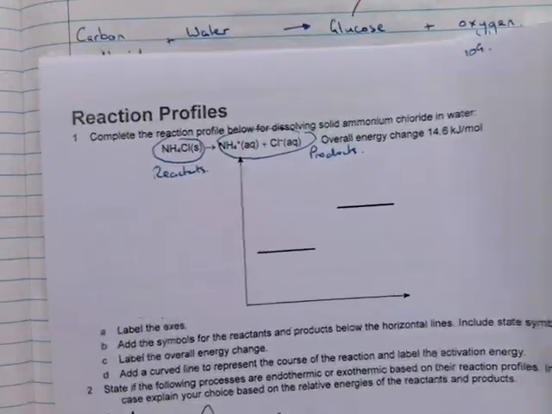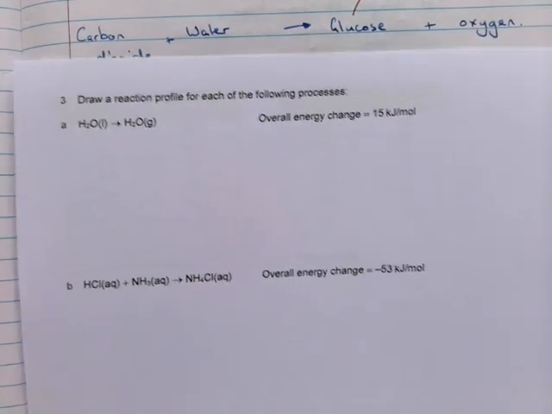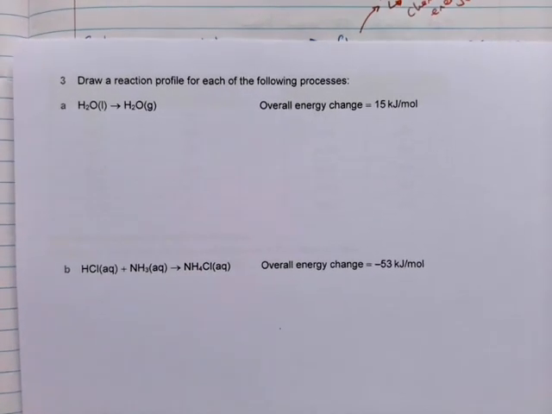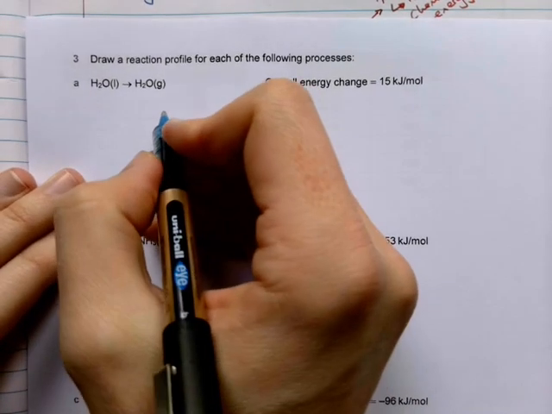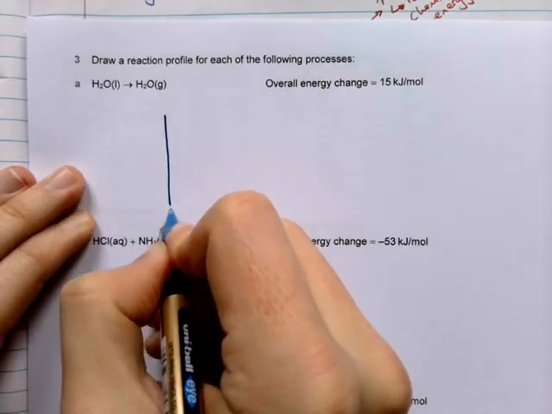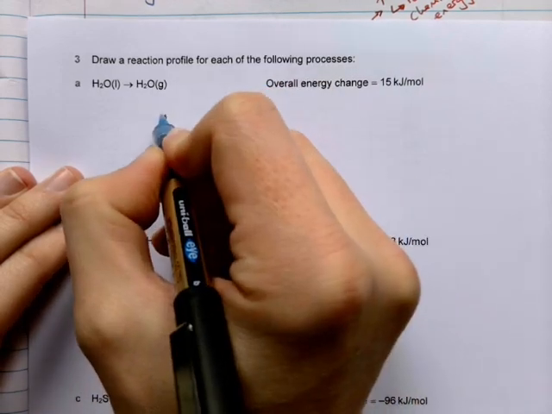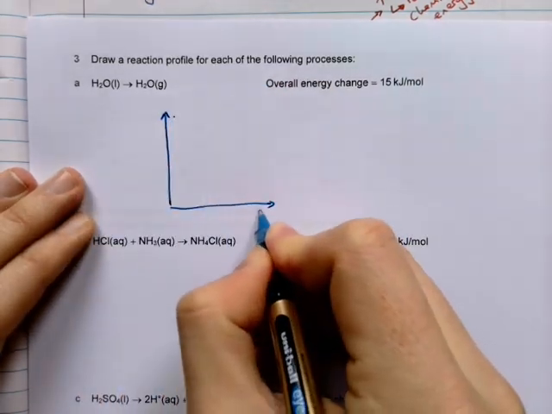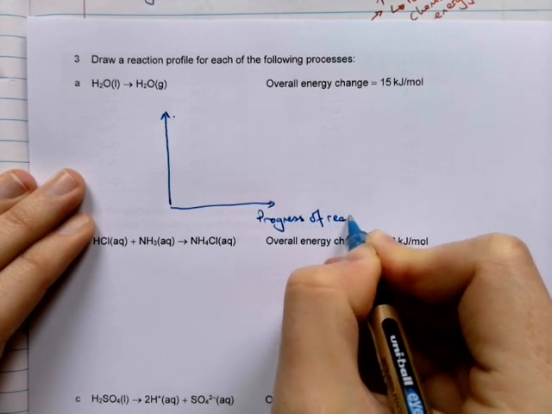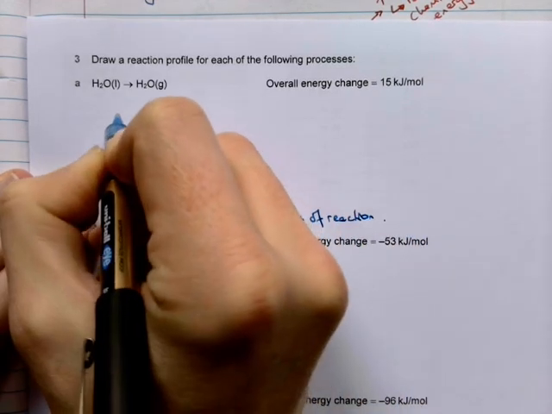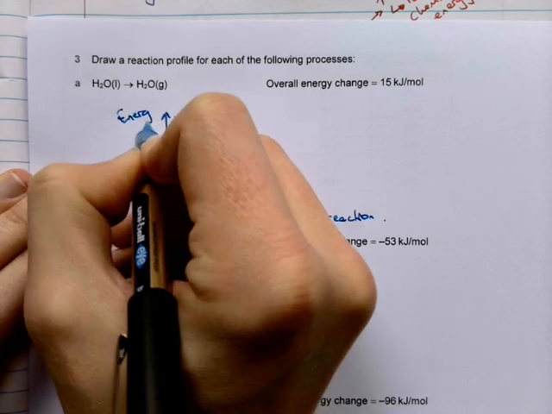And then, on the next page, you need to draw a reaction profile for each of the following processes. You do that by drawing the axes, like I did, and labeling them: progress of reaction and energy.